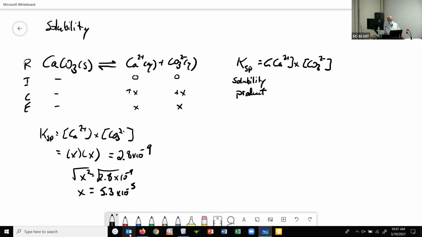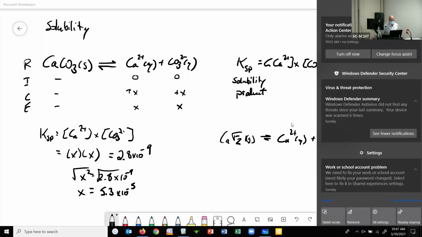Now, one of the challenges you run into in solubility systems is that there are several combinations where you have different ratios, like calcium fluoride. So that's going to be an equilibrium with calcium ions and 2 fluoride ions. That 2 becomes an issue. You've got to keep track of it.